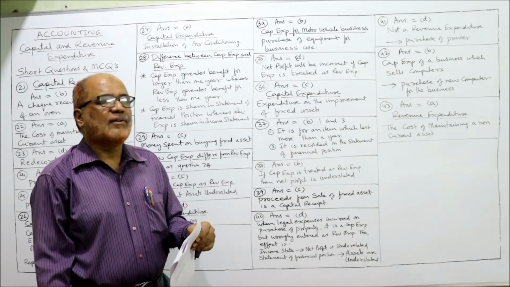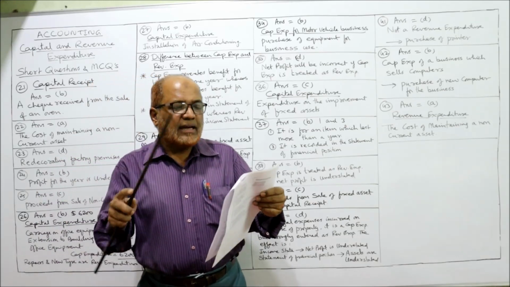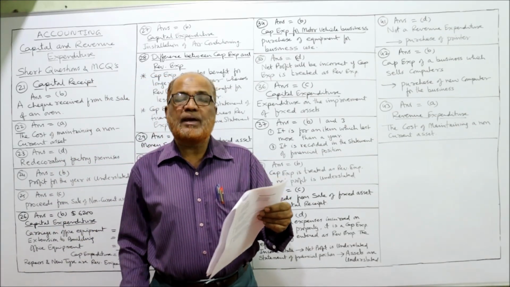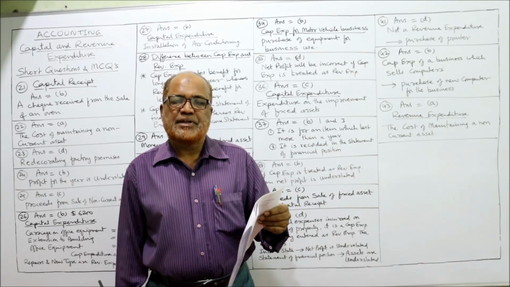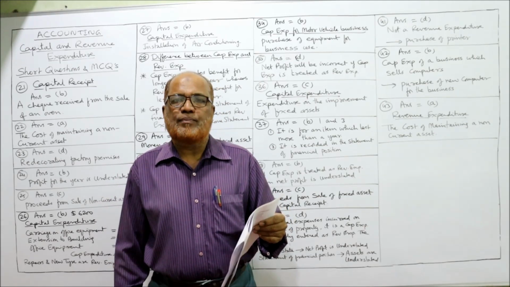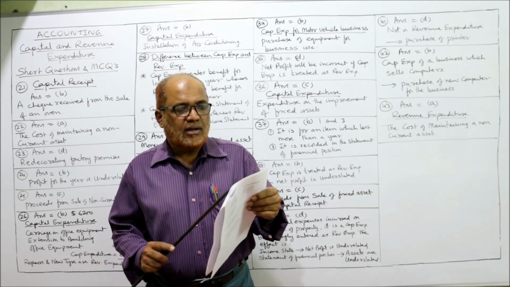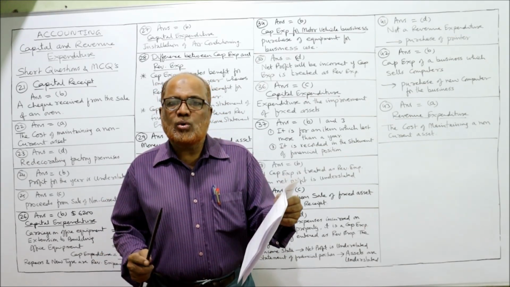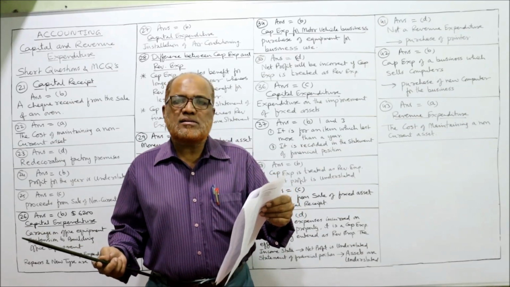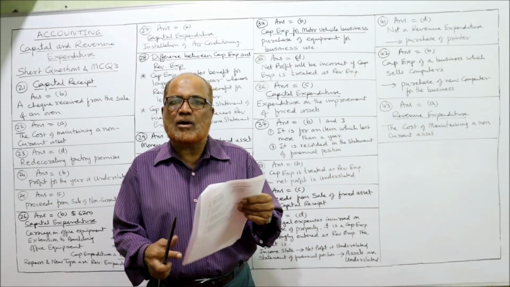Next, 35. If capital expenditure is treated as revenue expenditure, which of the following will be incorrect? When you treat capital expenditure as revenue expenditure, which will be incorrect? Bank balance, there is no effect on bank balance, it will be correct only. Then suppliers, no change in suppliers accounts.